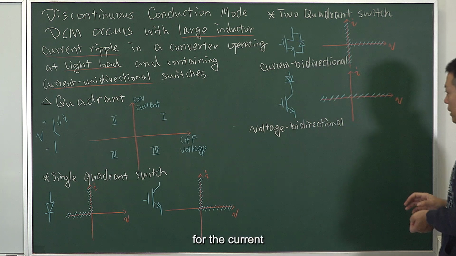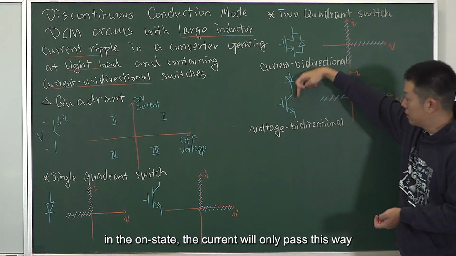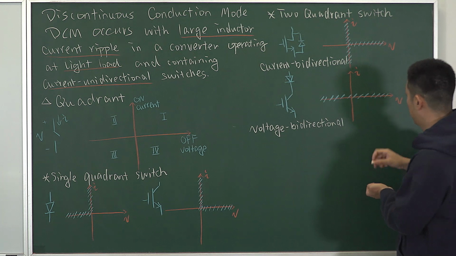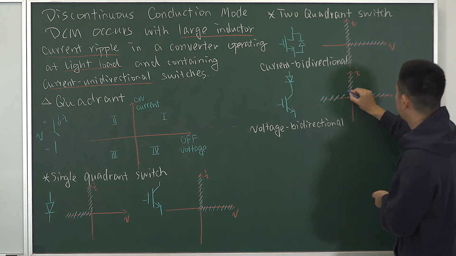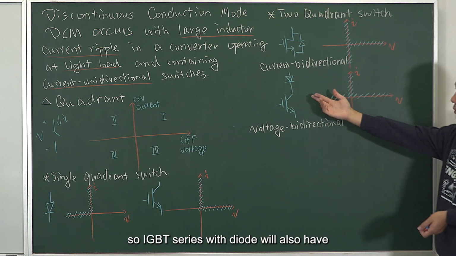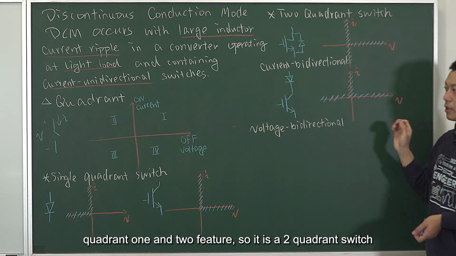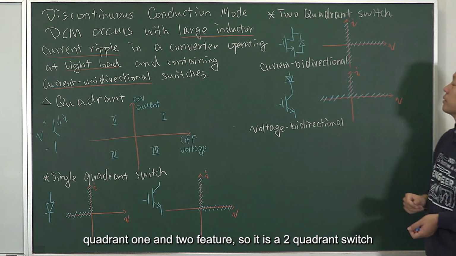For the current, in the on state, the current will only pass this way. So the IGBT in series with a diode will also have quadrant 1 and 2 features. So it is a 2-quadrant switch.